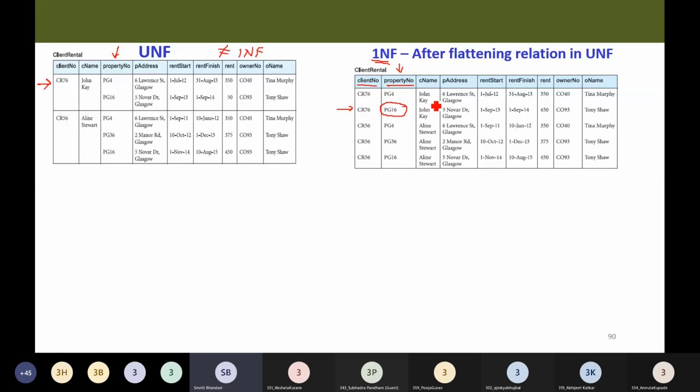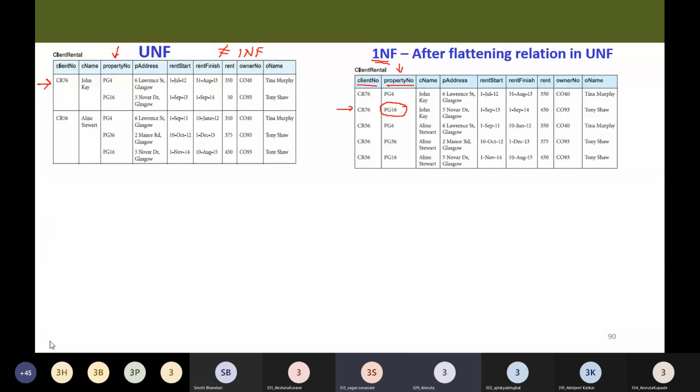But if we look at the other functional dependencies for this relation, we find a few partial dependencies. And what are those partial dependencies? Anybody can answer; we have gone through these contents before.